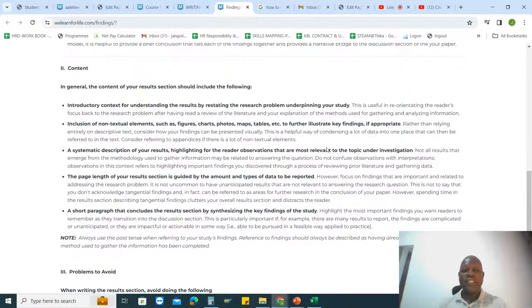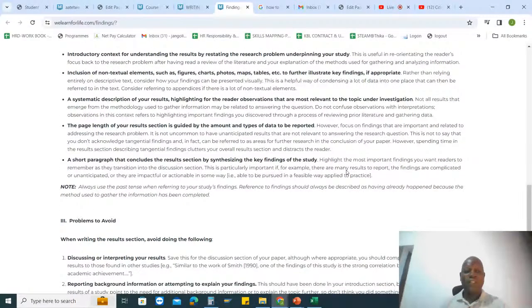We have a systematic description of your results, and it has to be systematic because it needs to highlight the reader's observations that are most relevant to the topic. The length of the results section is guided by the amount of data presented. Finally, short paragraphs conclude the results section by synthesizing the key findings. So that is basically the guideline on this.